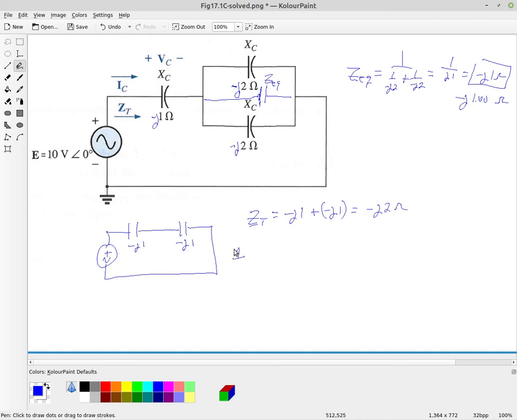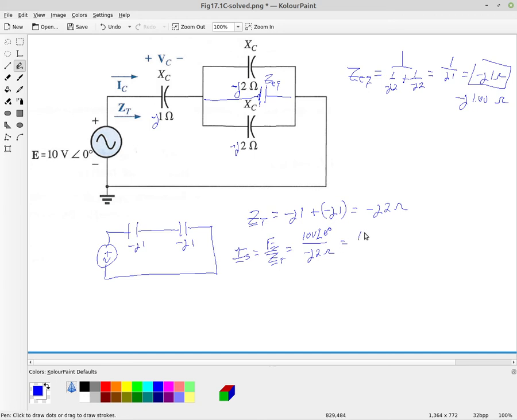So then we can calculate our supply current. Our total supply current, IS, is going to be E divided by Z total, which is going to be the 10 volts angle 0. Again, we're using this as our reference. And we're going to divide by minus J2 ohms here.